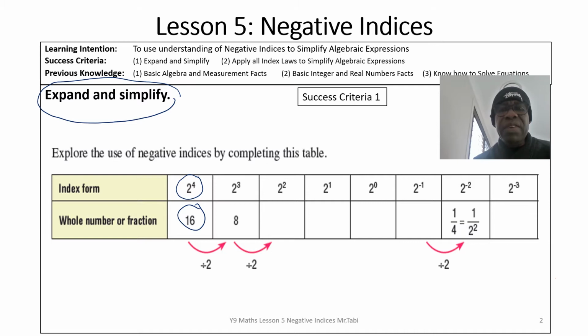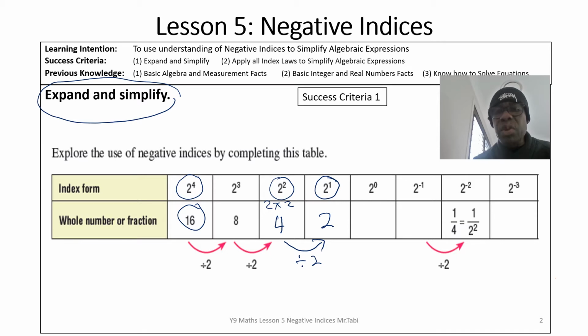So 8 divided by 2 will be what? 4. Another way of knowing that is 2 squared is 2 times 2, which is 4. And if we continue and we divide again by 2, 4 divided by 2 will give us what? 2, which is the same as 2 to the power of 1.